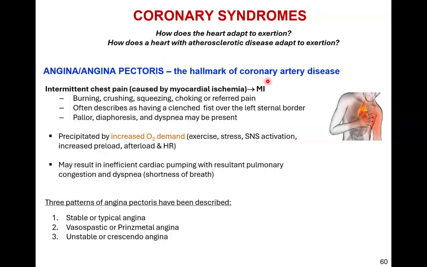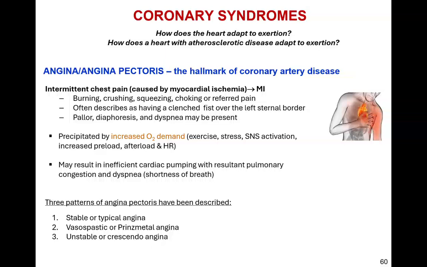So I'm just going to give you a brief overview of what angina pectoris is, what causes it, and some of the possible consequences, and then we're going to look at specific cases, or different types, I should say, of angina.